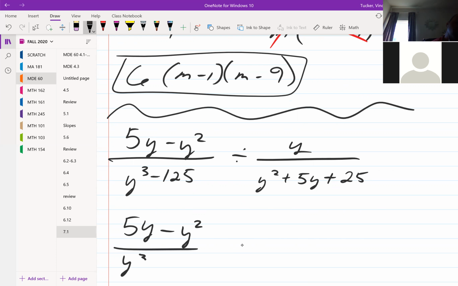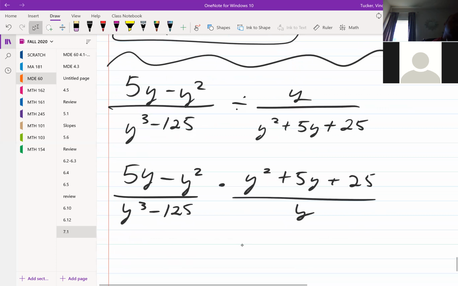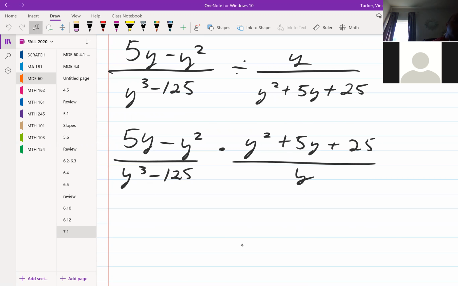So once again, I would suggest that before you factor, you go ahead and flip your fraction. In that first one, we can factor out y as a GCF. So that's y times 5 minus y.